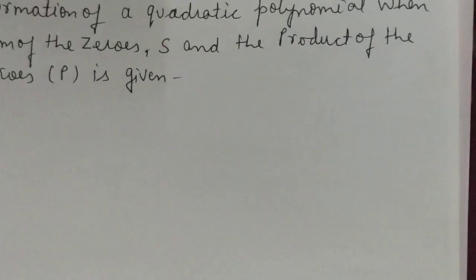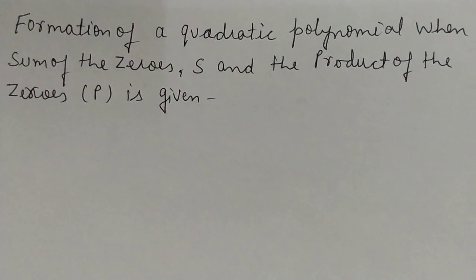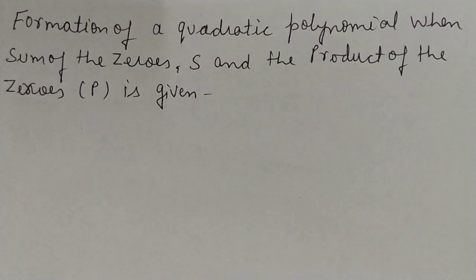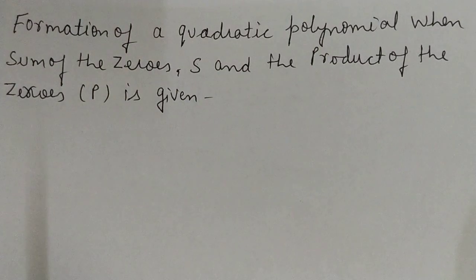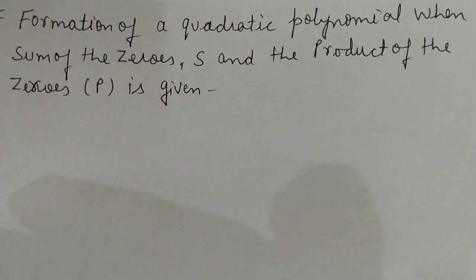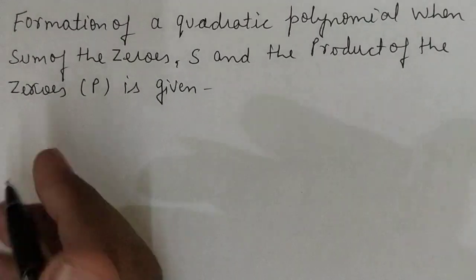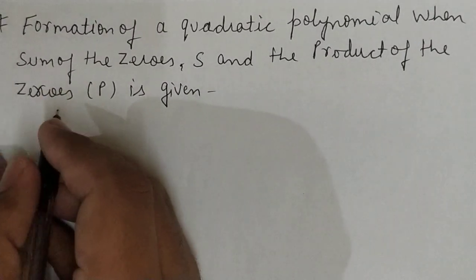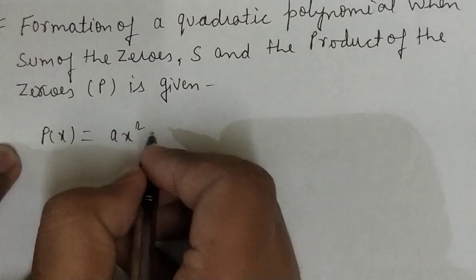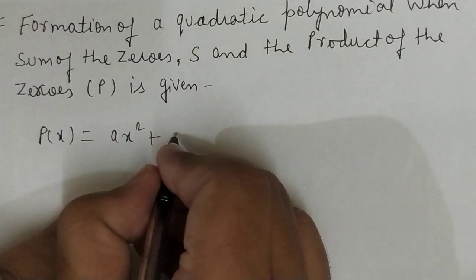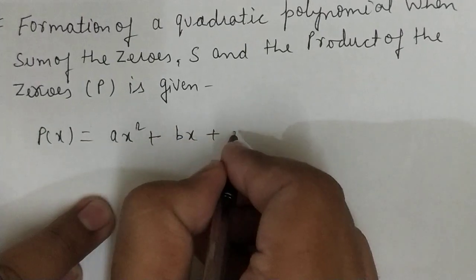So let's take the next topic, that is the formation of quadratic polynomial when sum of the zeros, that is S, and the product of the zeros, that is P, is given. Now see here, P of x is ax square plus bx plus c.